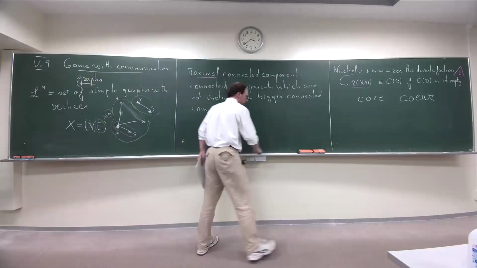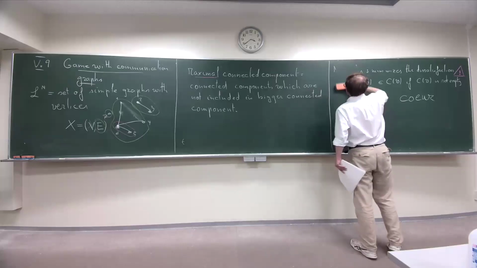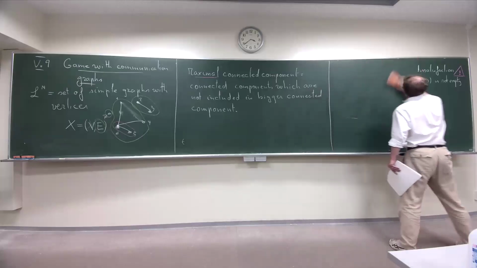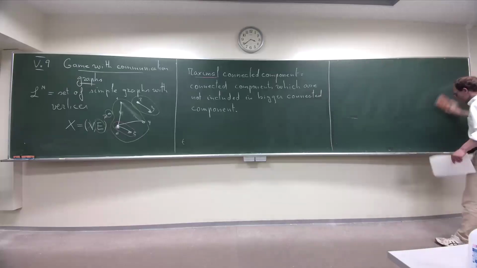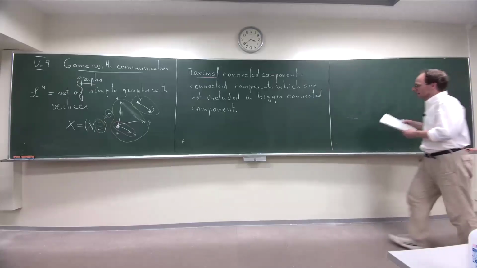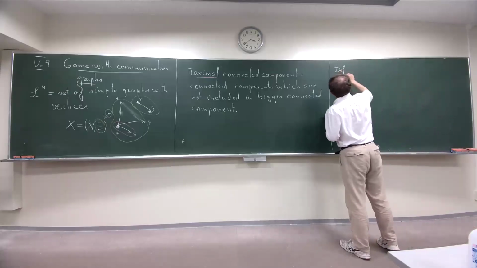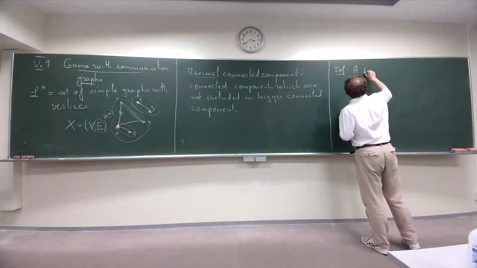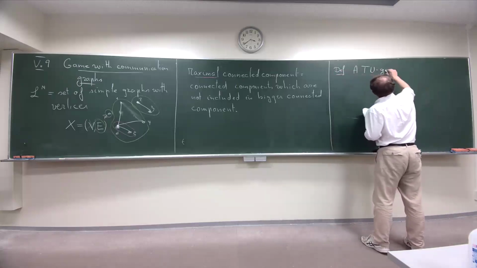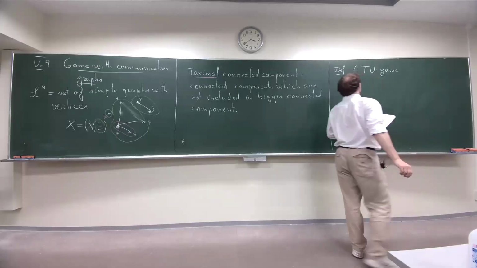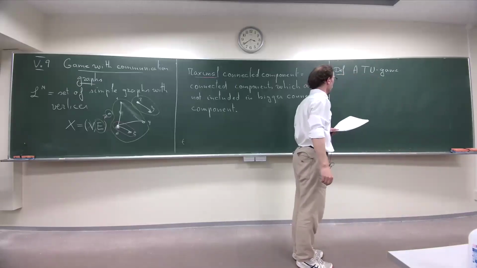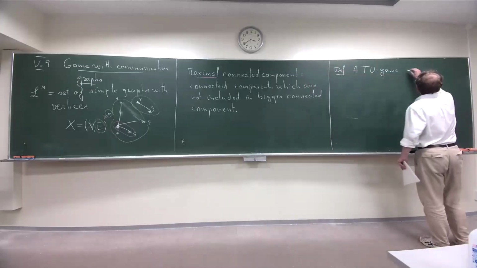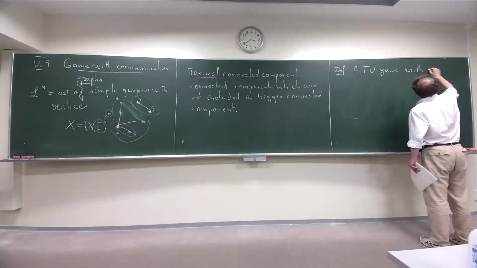So what is a TU game with a communication graph? The next definition. TU game is what we have studied now for 2 weeks. It's a transferable utility game with communication graph.